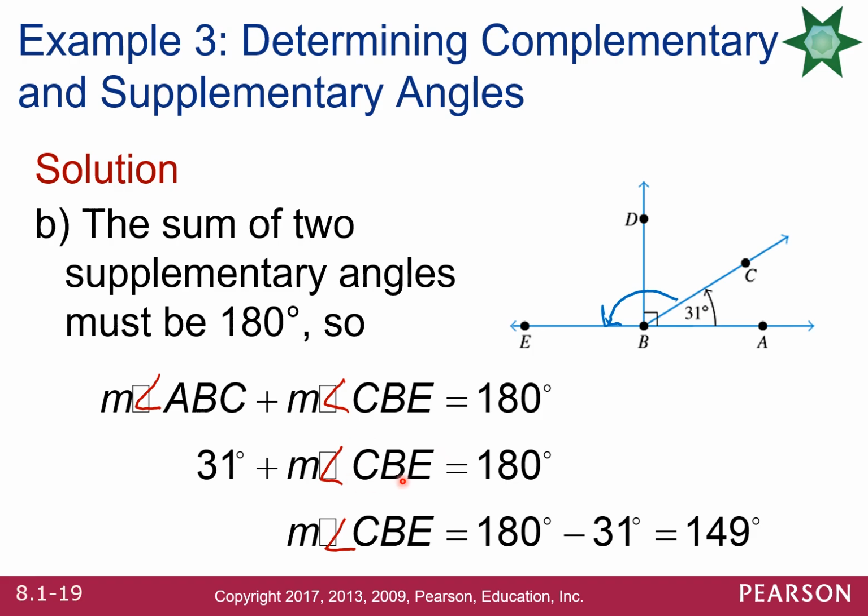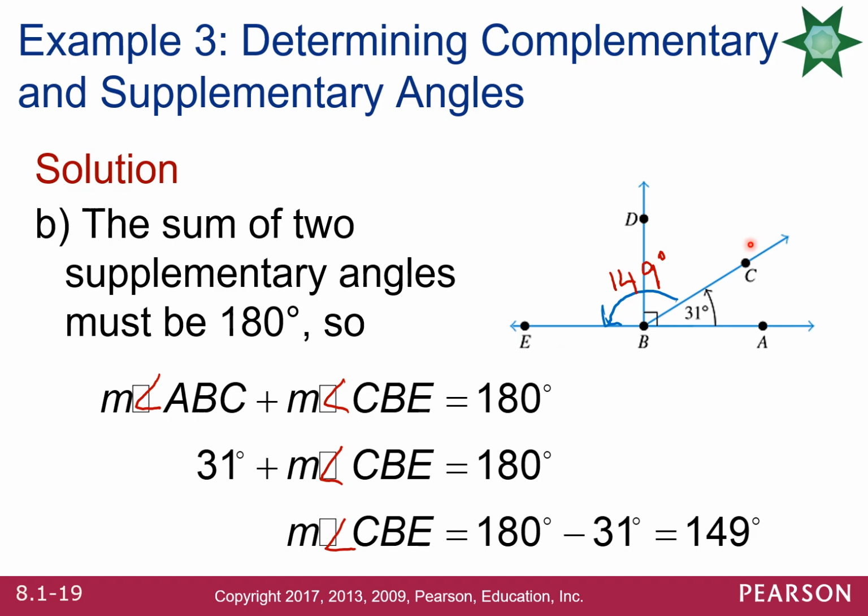The CBE is what we need to find out. So just solve for the missing angle value, angle CBE, by subtracting 31 from 180 to get a value of 149 degrees. So this entire angle CBE is 149 degrees.